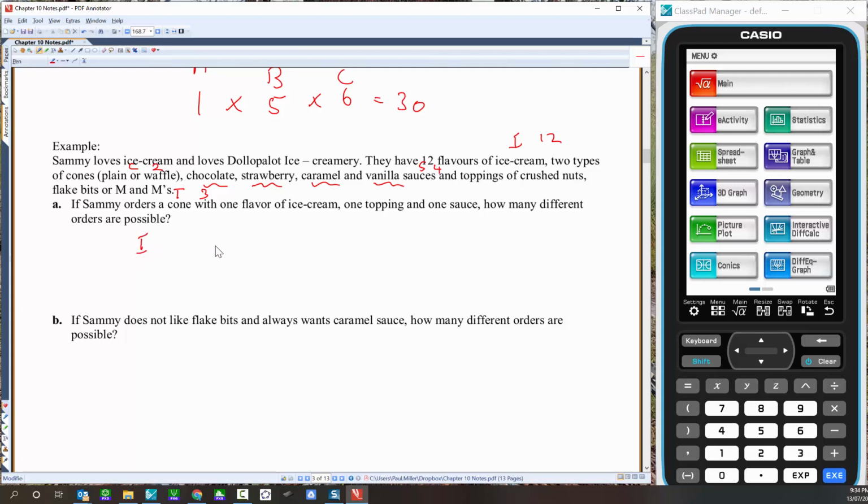We've got ice cream, we've got topping, we've got sauce and cone. So we've got ice cream, which is 12, toppings, which is 3, sauces, 4, and cones is 2. And we're going to multiply those out because it'd be like a tree diagram.